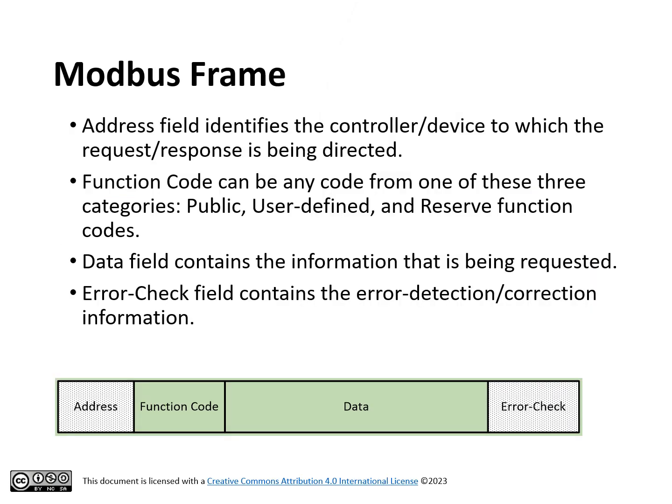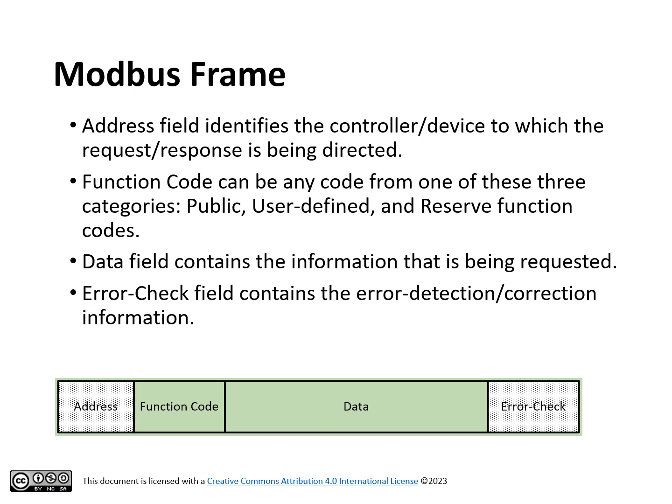Now let us revisit the generic Modbus frame, which is depicted in the figure. The single octet address field identifies the controller or device to which the request response is being directed. The single octet function code can be any code from one of these three categories: public, user-defined, or reserve function codes.